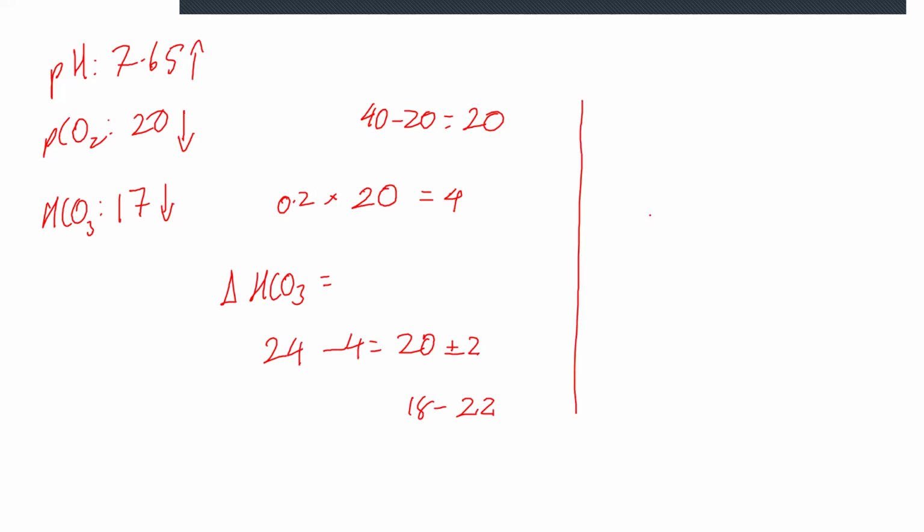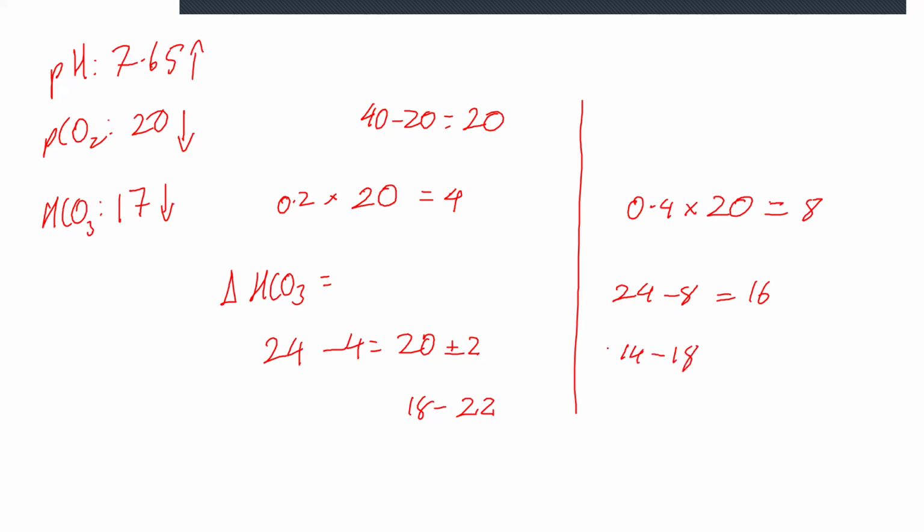For a chronic respiratory alkalosis, same thing again, but instead of 0.2, it's 0.4. So 0.4 times the delta PCO2 will give us a result of 8. So 24 minus 8 equals 16. 16 plus or minus 2 gives us a range of 14 to 18.